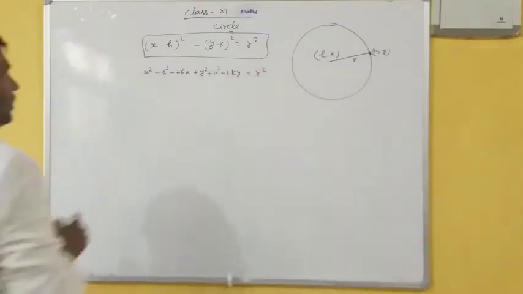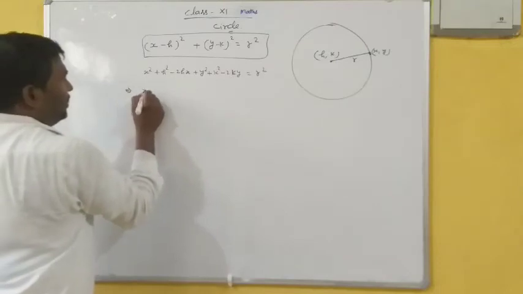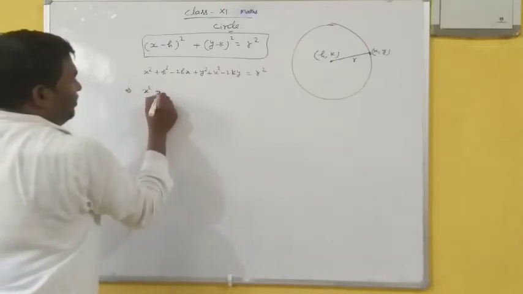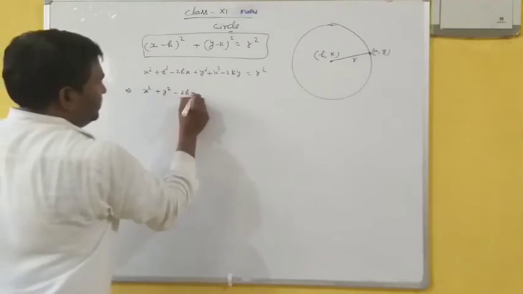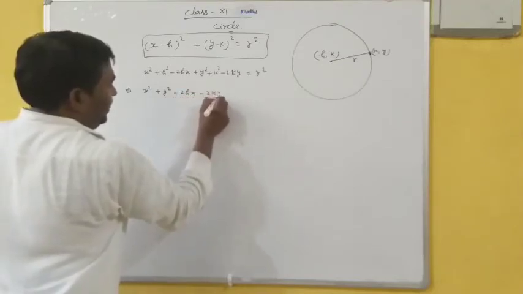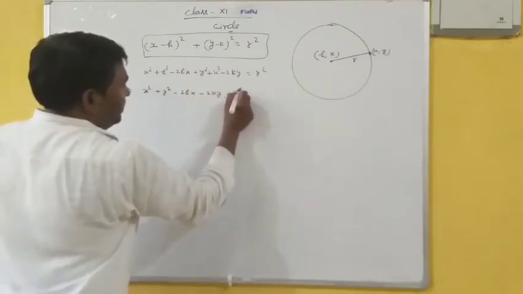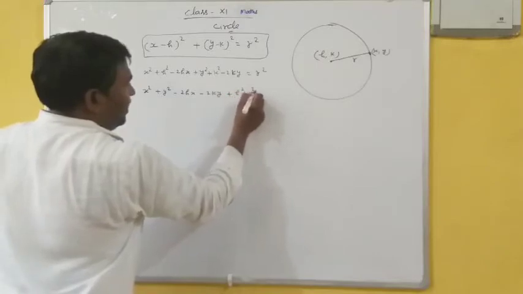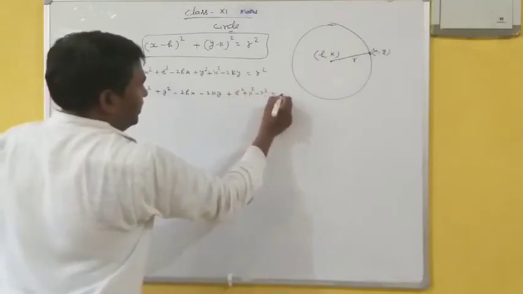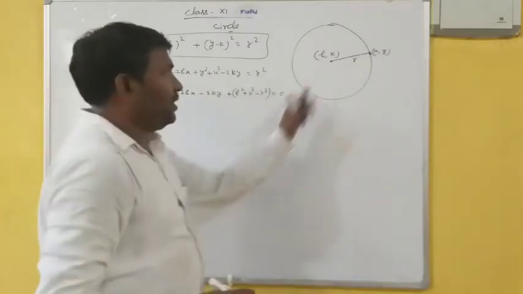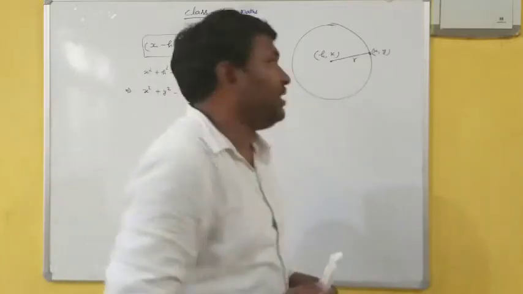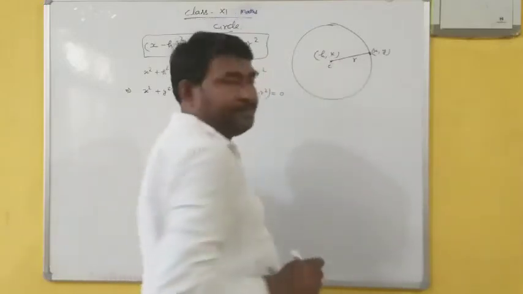So it is x square plus y square minus 2hx minus 2ky plus h square plus k square minus r square is equal to 0. See, h comma k is a fixed point, that is the coordinates of the center.